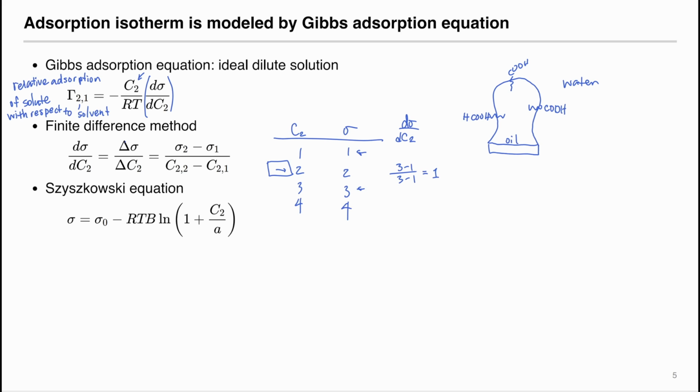However, this method is all from the data that you collected, so because it is from real data, it will be noisy. So the second method is to use the Szyszkowski equation that you have already fitted. So we already know B and A, then we can just take the derivative of sigma with respect to C2 of the whole thing.